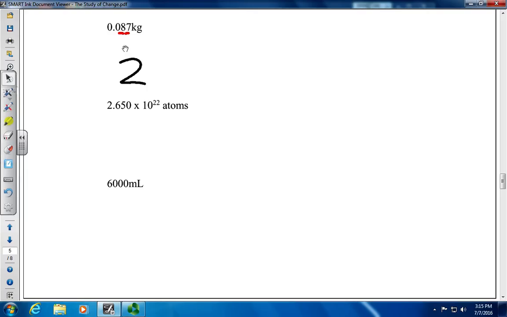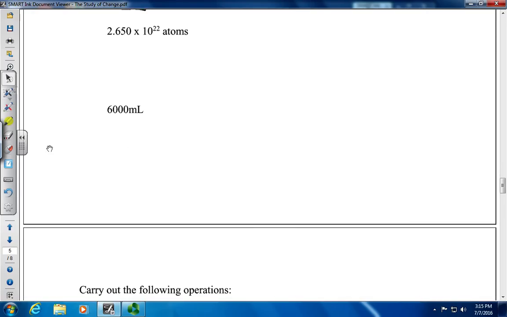The next one, our next number is 2.650 times 10 to the 22nd atoms. We know that to be significant to 1, 2, 3, 4 places. That 0 following is indicative of a significant figure.